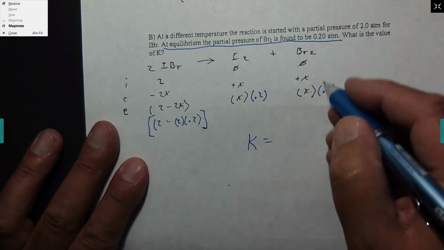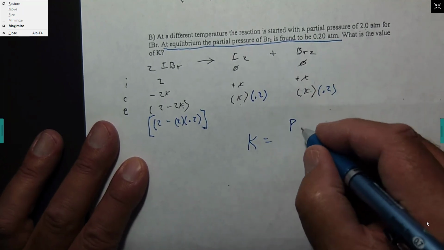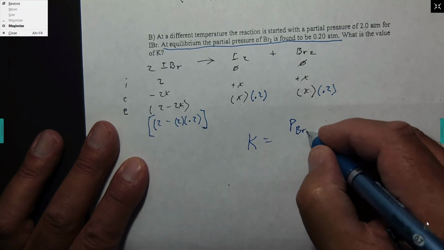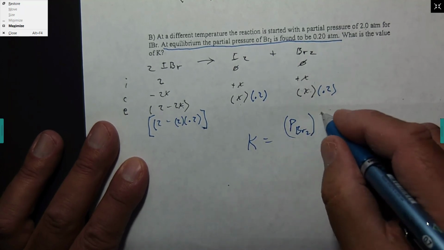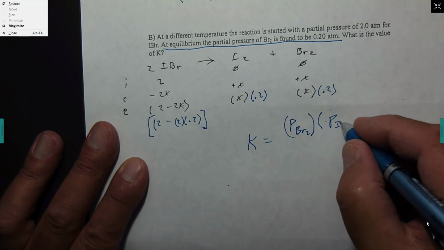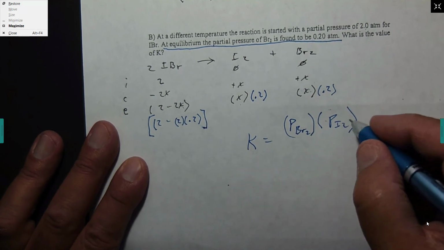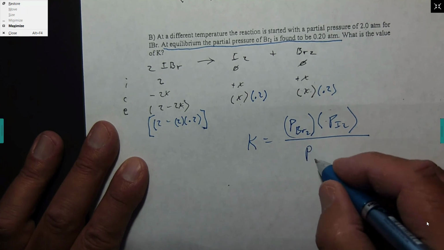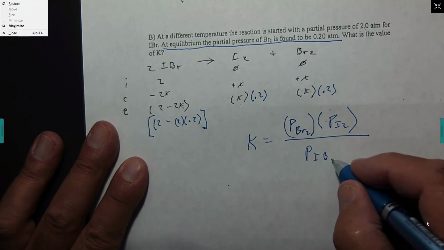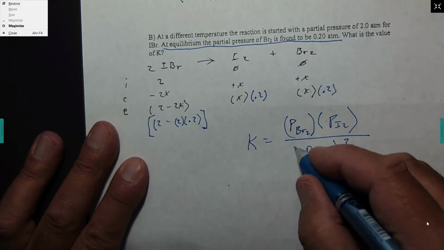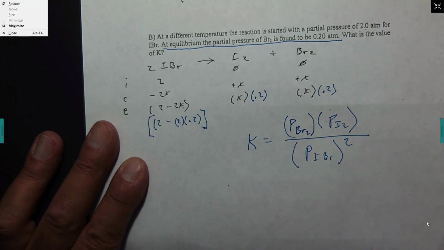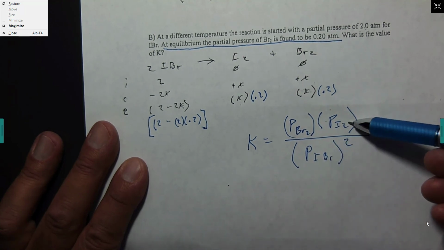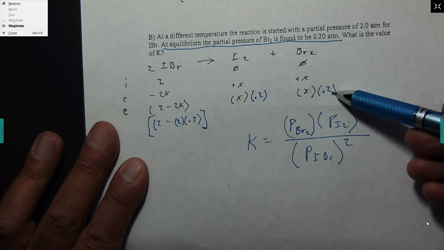K is going to be the partial pressure of Br2 times the partial pressure of I2, all over the partial pressure of IBr to the second power. Hey guys, what are you going to plug in here for I2? 0.2.